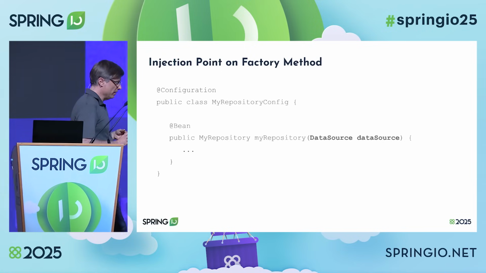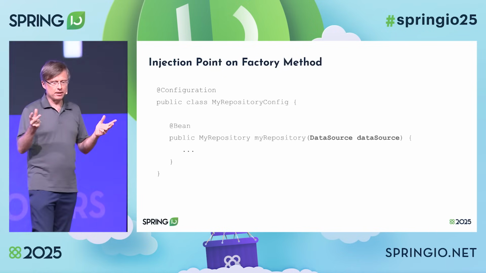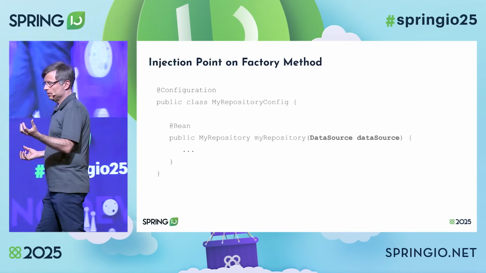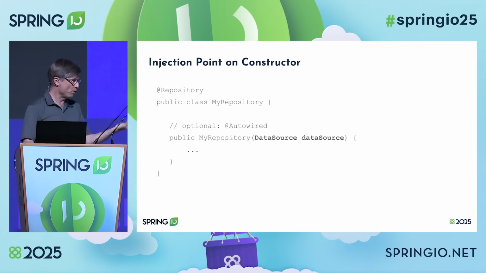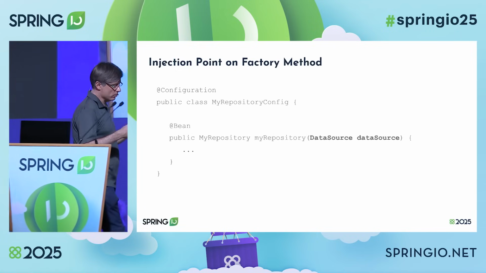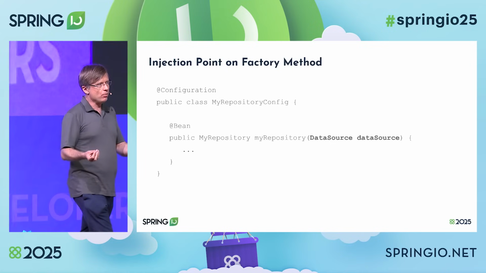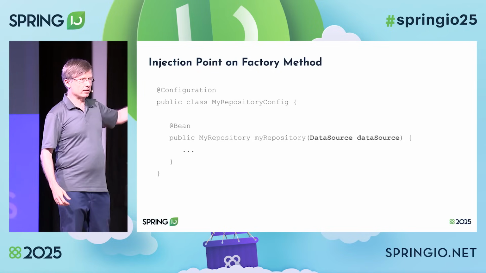But before we continue with variations of injection points, something also rather obvious: you can put injection points at the constructor level, for example, for a component scanned bean found in the class path. In the more flexible case, you usually have a configuration class with a factory method, an @Bean factory method, that's equivalent to a constructor.